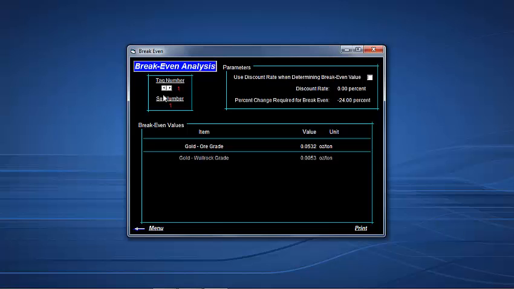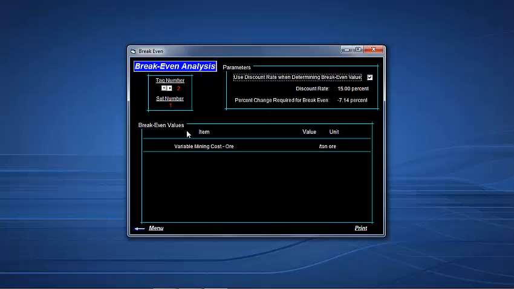First thing the program's looking at is the first thing we tagged, which is the gold grade. It starts in by doing analyses without using the discount rate, but we'll of course want to throw the discount rate in. So our project should be profitable at a gold grade of above 0.065 ounce per ton.